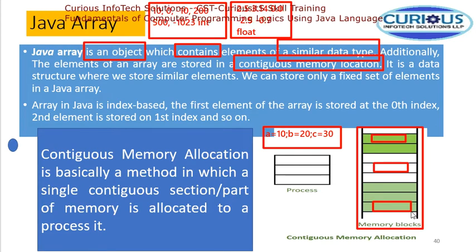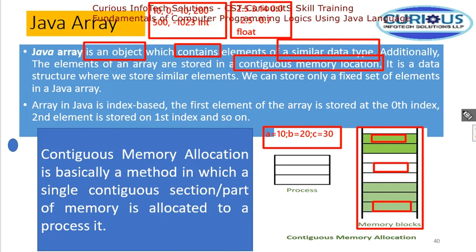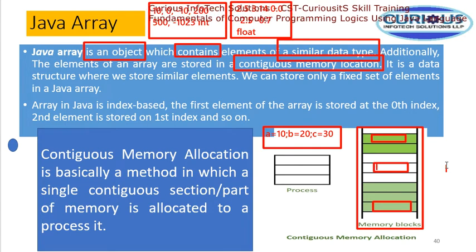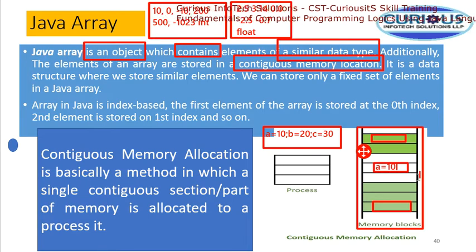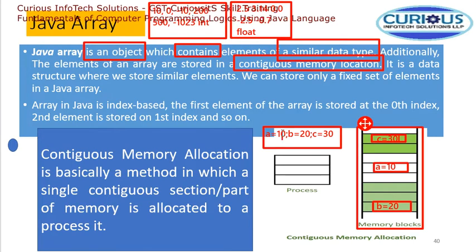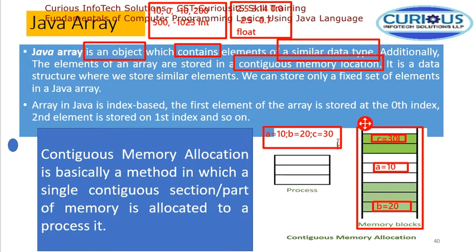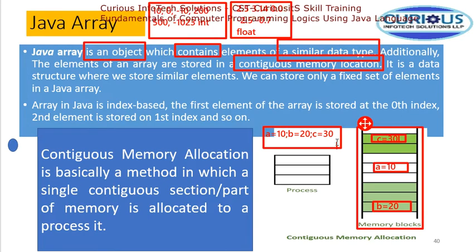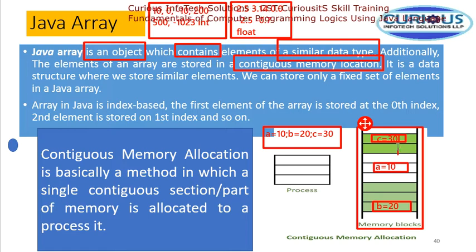In these three locations I can easily store my values, maybe A is equal to 10 here, B is equal to 20 here, and likewise C is equal to 30. So this is the case whenever we have values in different variables; it is possible to store them in this way.